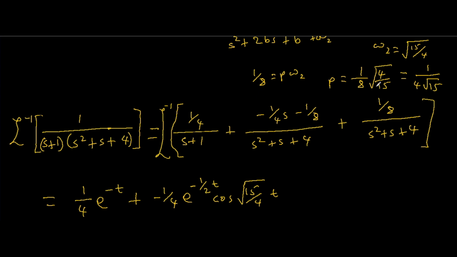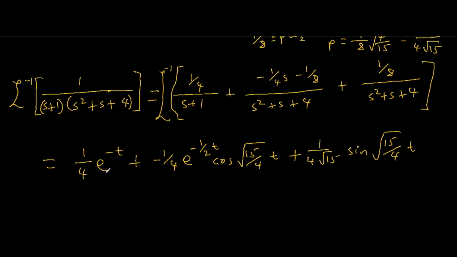In this case, our p is equal to plus 1 over 4 root 15 times the sine of the square root of 15 over 4 multiplied by t. Okay, so this is our solution. This long expression here is the inverse Laplace transform of this function.